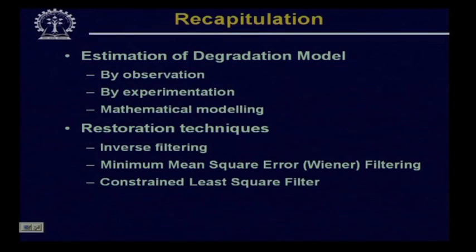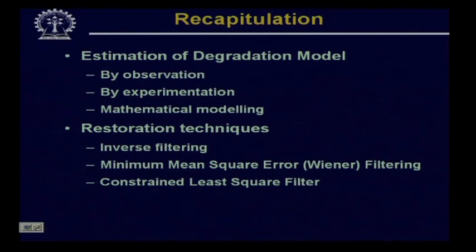In our last class, we have seen three methods for estimation of the degradation model. The first method we discussed is the estimation of the degradation model by observation. The second technique is the estimation by experimentation, and the third technique is the mathematical modeling of degradation.